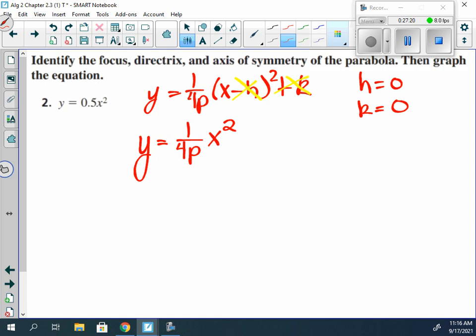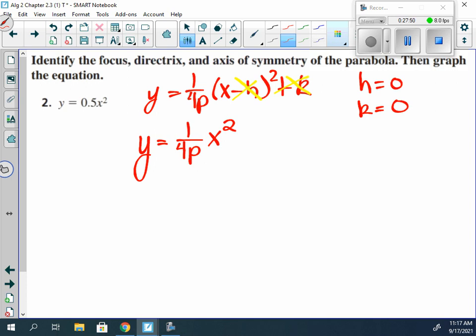So really, for focus, directrix, and axis of symmetry, we need to know the value of h, the value of k, and the value of p. Do we know all three? Well, we know h is 0, k is 0, p we don't know. But if I can get the given equation into y equals a number times x squared, because 1 over 4p is just a number, yes?